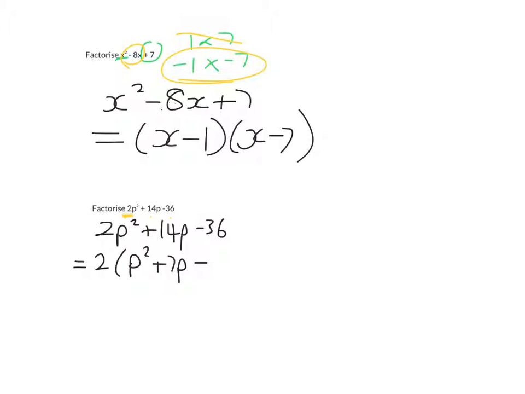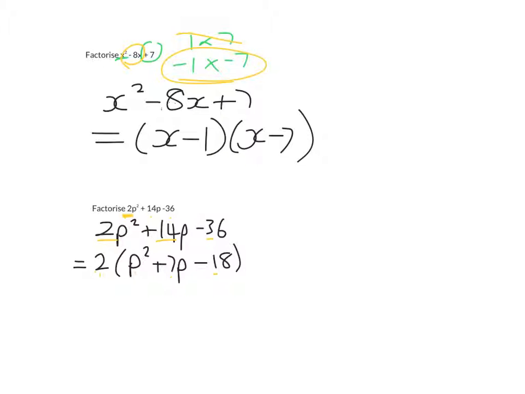And this last term will be negative 18. To make sure that you factorise that correctly, you would multiply everything through, so that 2 by the p squared is 2p squared, which is the first bit. 2 by the 7p is the 14p, and 2 by the negative 18 is negative 36. So all that works out beautifully.